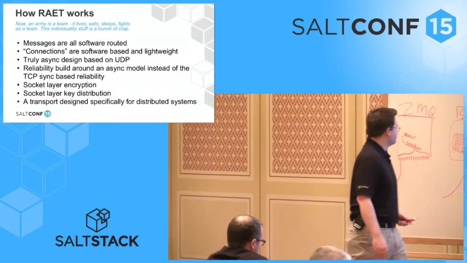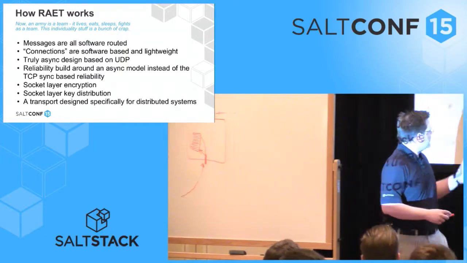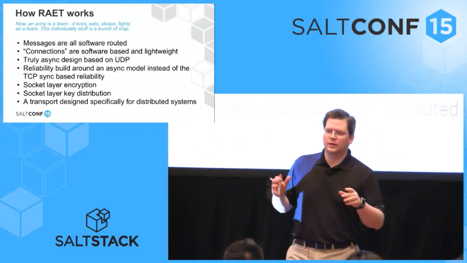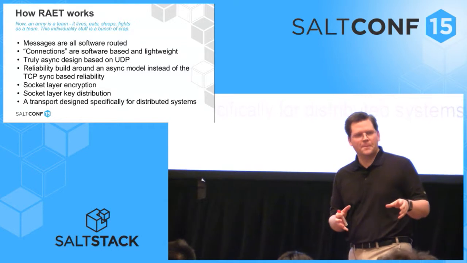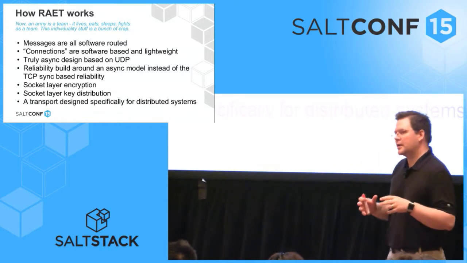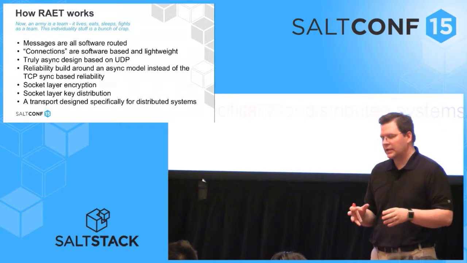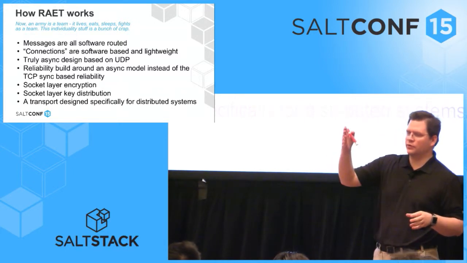Now, again, the main benefits that we see doing this come with true asynchronous operations. We don't end up having an operation tied to a specific instance of a request.